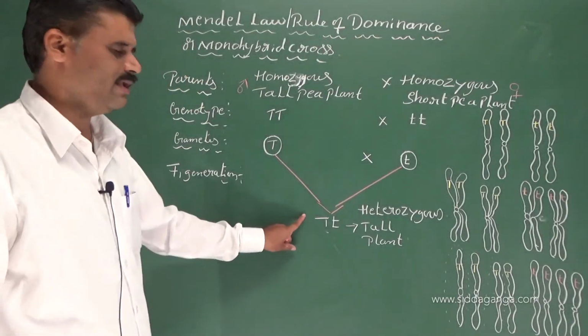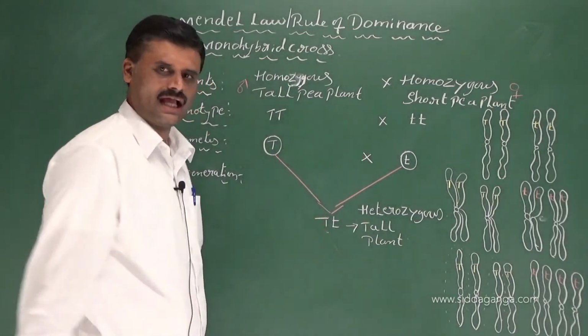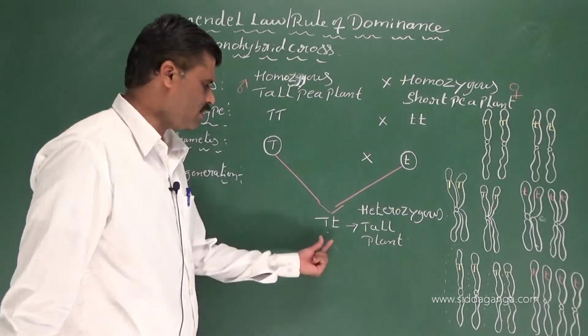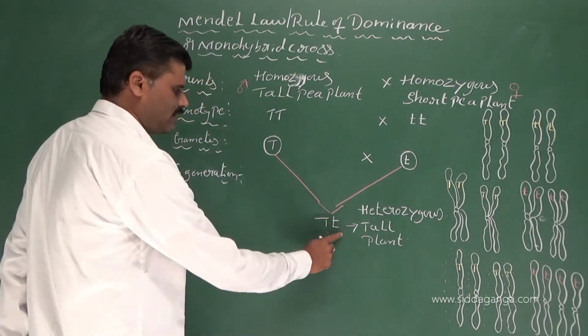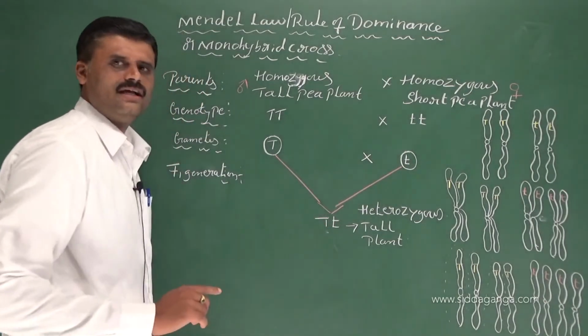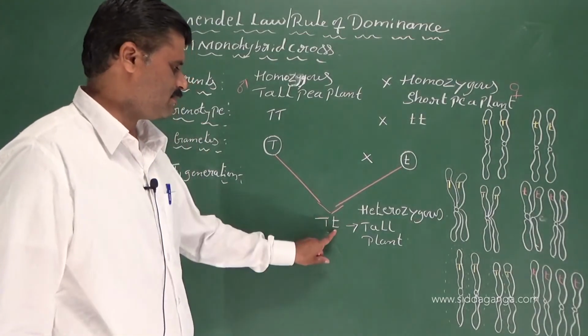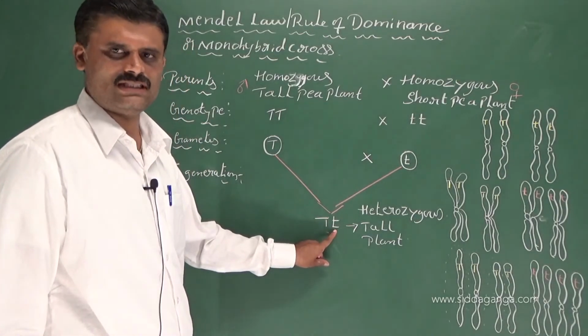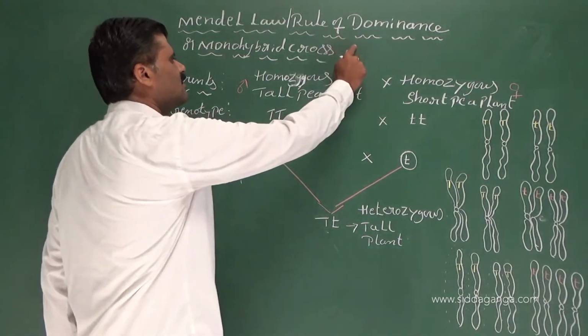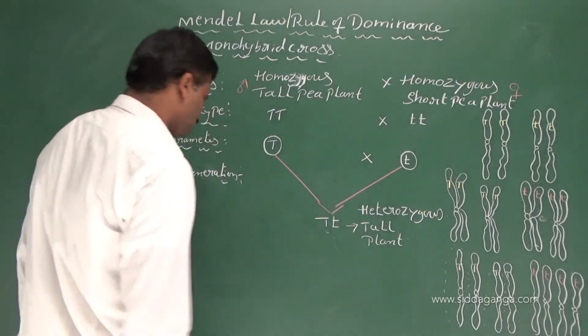The law of dominance says that when a pair of genes for a character, height or any character, are brought together in a hybrid, what happens? Only one gene completely expresses its character by suppressing the recessive gene, and that is called the law of dominance.